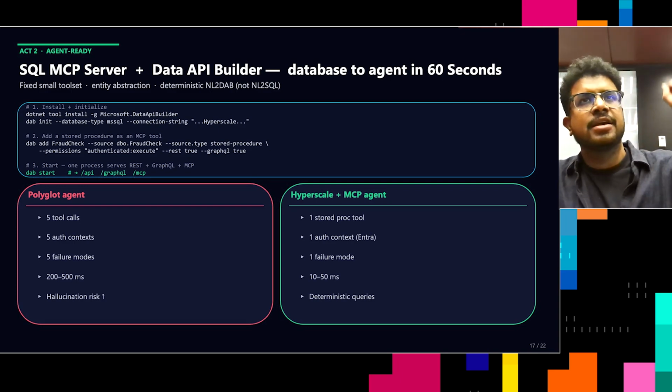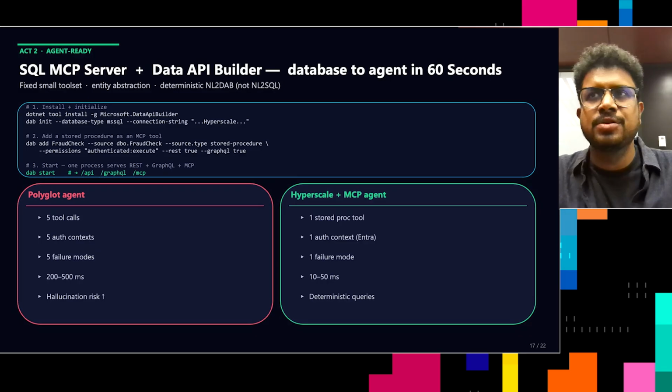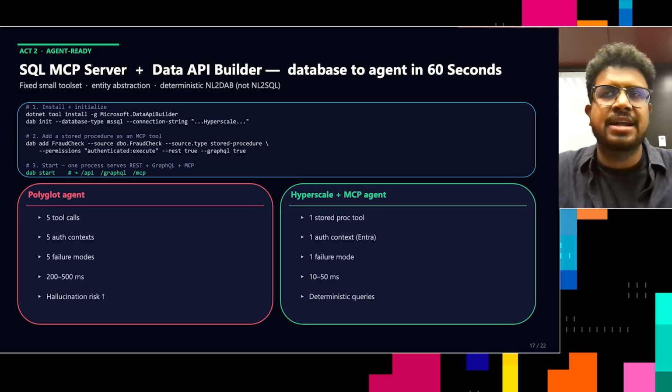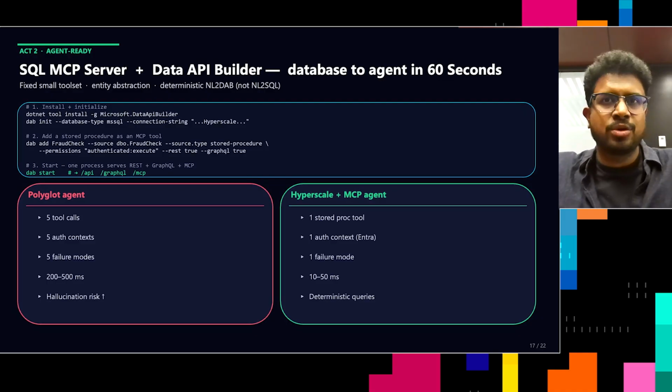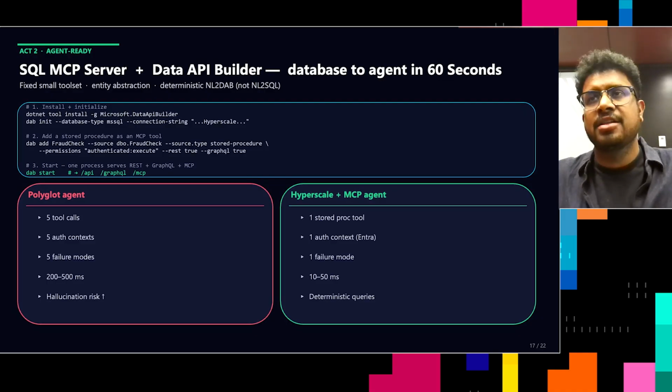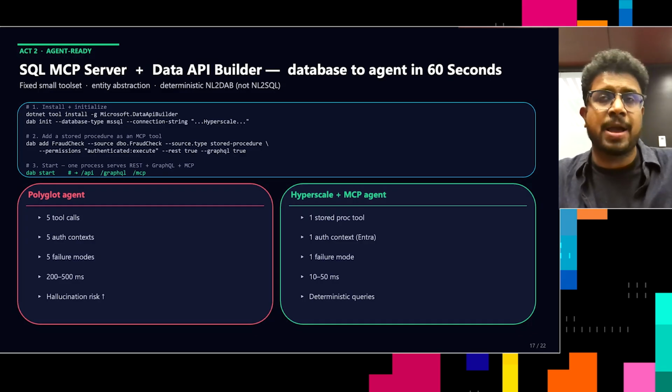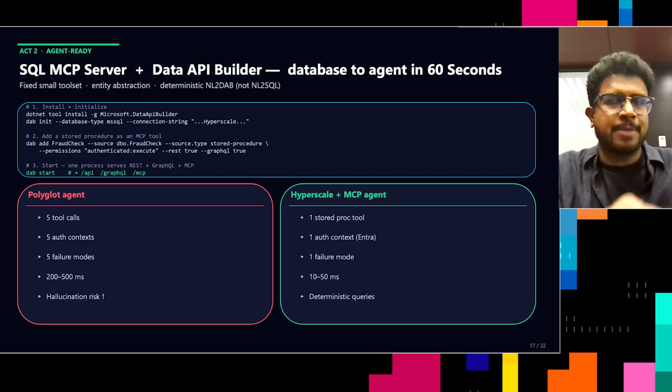You create a DAB using Data API Builder, and you get your data API REST endpoint. Using that REST endpoint, you can point it to an MCP, and that MCP can come from Hyperscale, and that's it. You can talk to your data which is in Hyperscale.